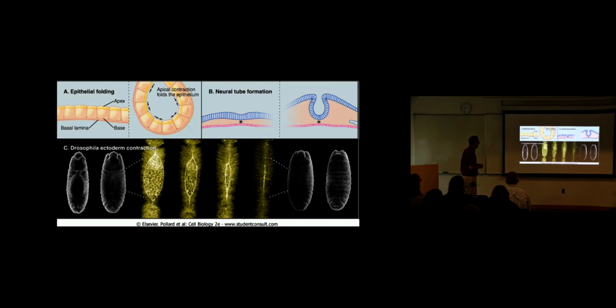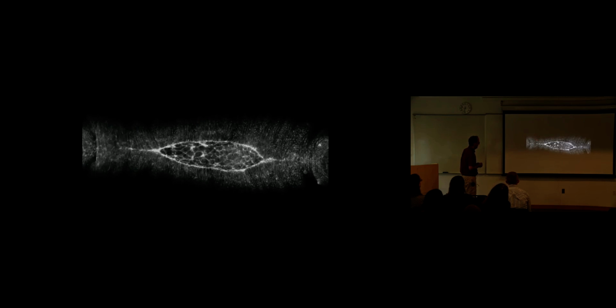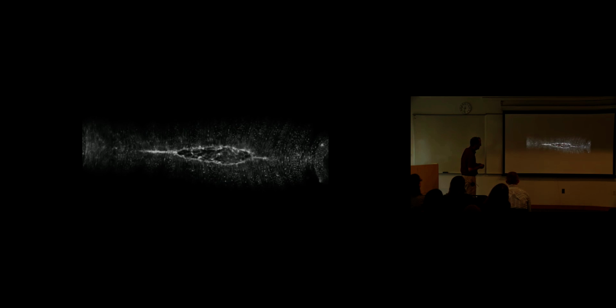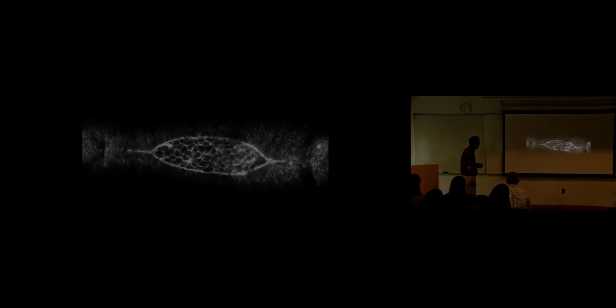And one of the most beautiful examples is in Drosophila ectoderm contraction. So this movie is a developing Drosophila larvae. And so you can see those are all the cells inside the larva, and these are the epithelial cells. And so these cells are coordinating their movements.